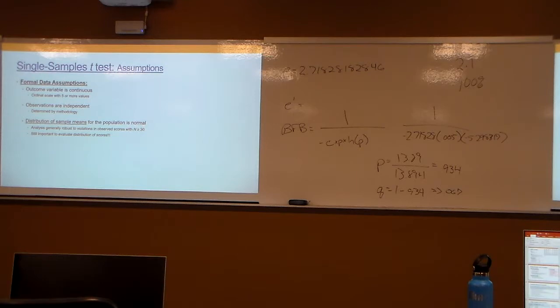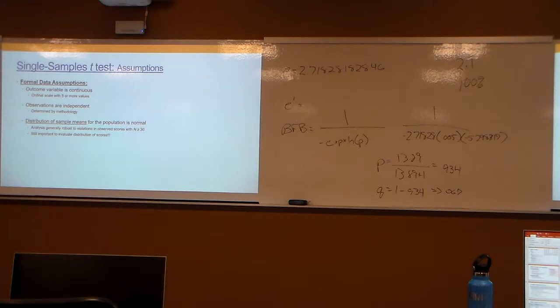If I'm looking at substance use, I might expect a skewed distribution. If I don't get a skewed distribution, that's kind of weird. But as long as I have reasonable size samples, my distribution of sample means is still going to be more normal, even though my sample data is skewed. The assumption of my test isn't about my sample data, it's about the distribution of sample means.